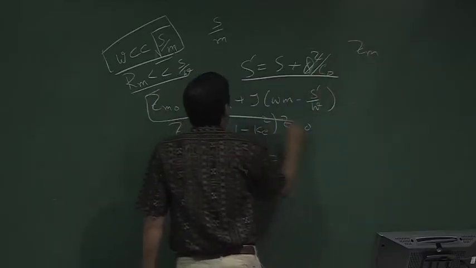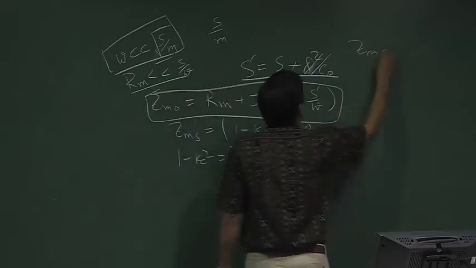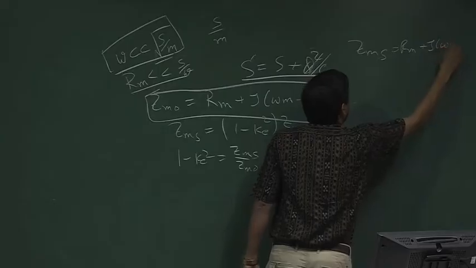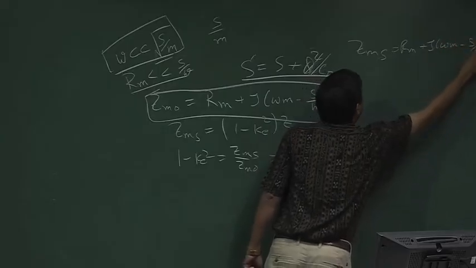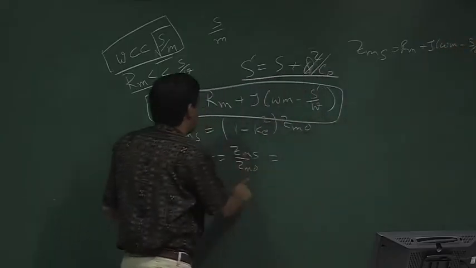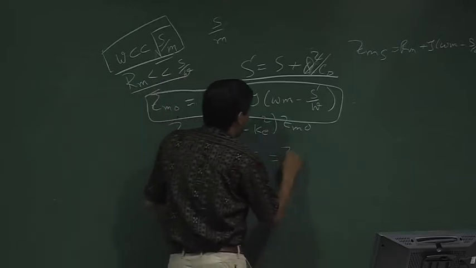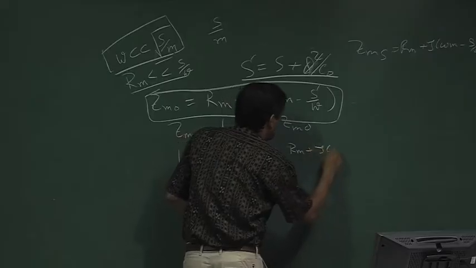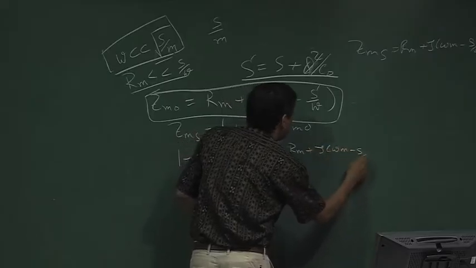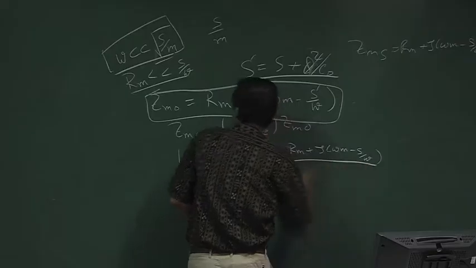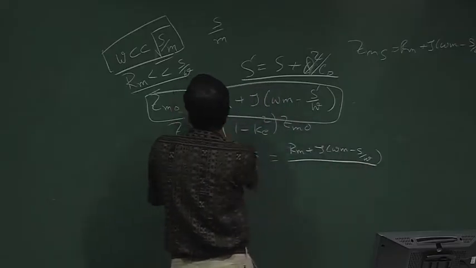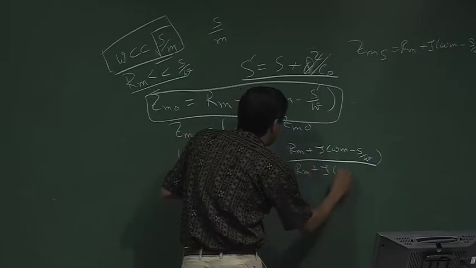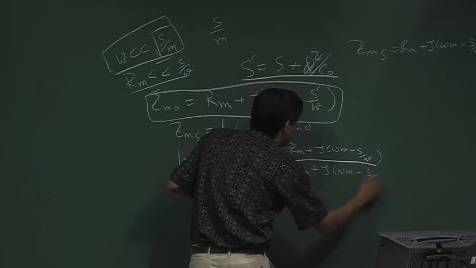ZMS is Rm plus j omega m minus S by omega, divided by ZMO, which is Rm plus j omega m minus S dash by omega.